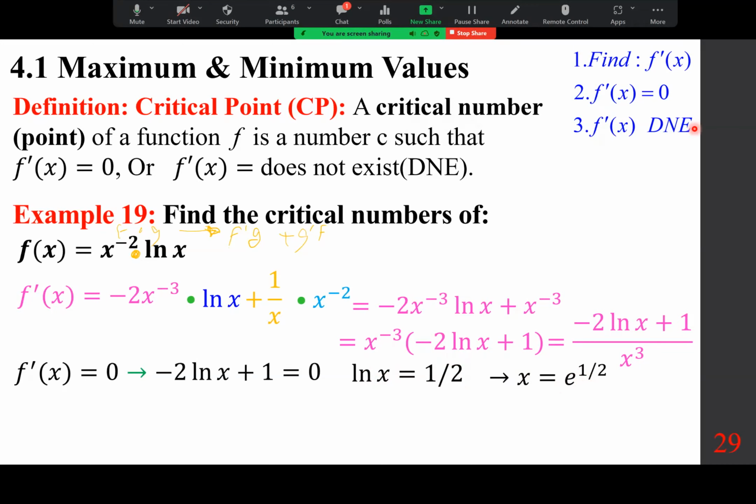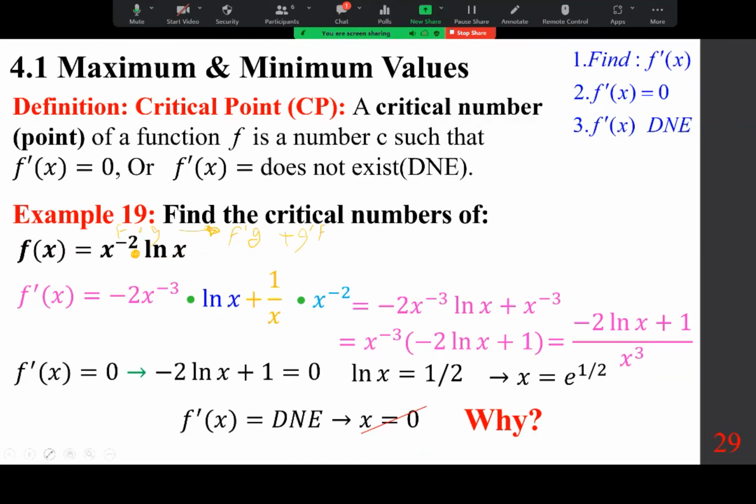Where f prime doesn't exist, the last part is the denominator. You set the denominator equal to 0, and x becomes 0. However, that is not an acceptable solution. Why is that? Because if we go back to the original function, the original function is ln x over x squared, and the domain is from 0 to infinity for ln x, and 0 is not included. I hope you remember that.